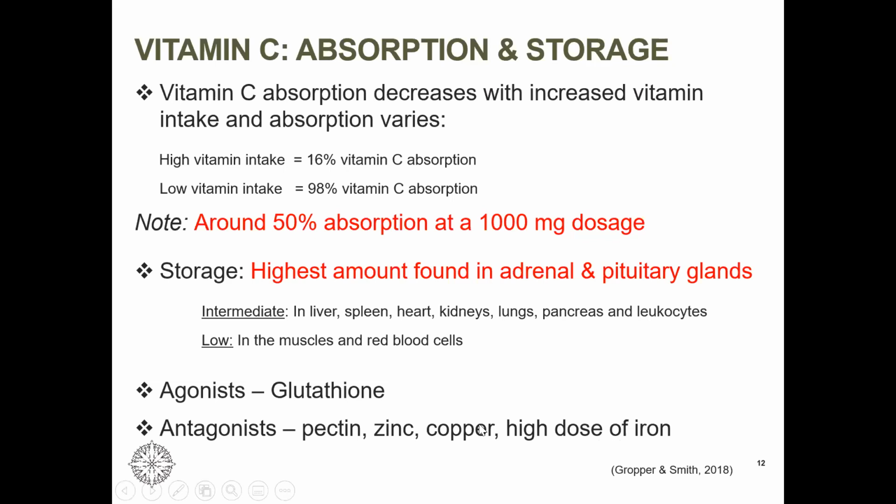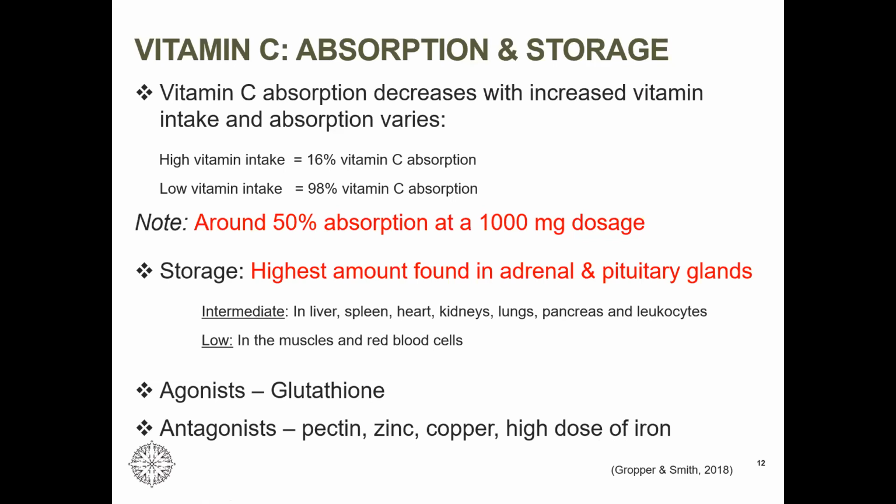Okay. Then another important point in these slides is talking about agonists such as glutathione. Again, this is what we are going to talk about a lot, especially when we are doing liver. Glutathione is an antioxidant that our body makes on its own. And vitamin C helps regenerate glutathione.